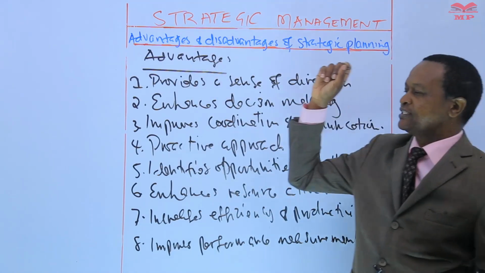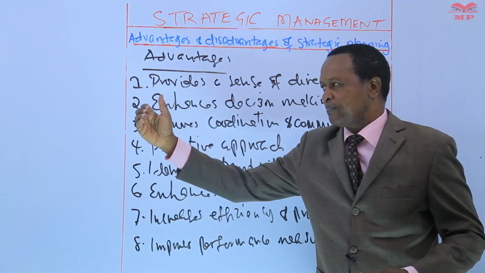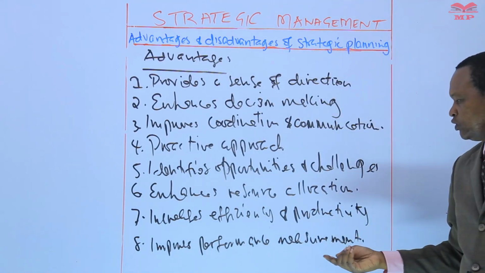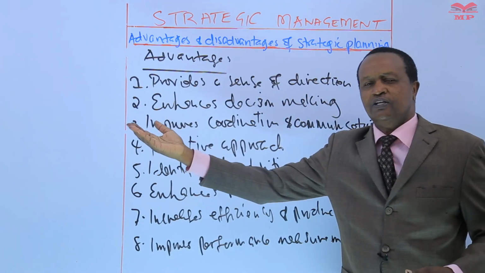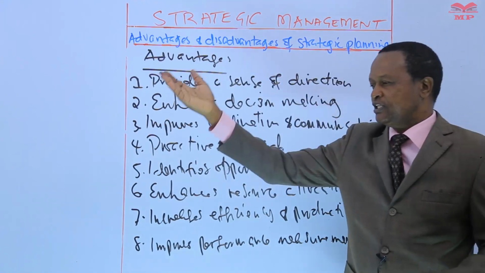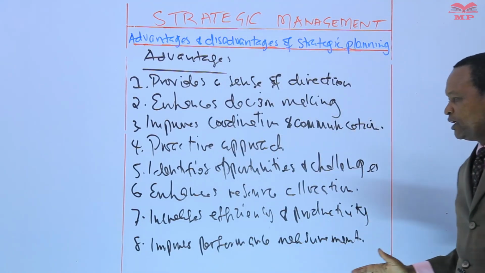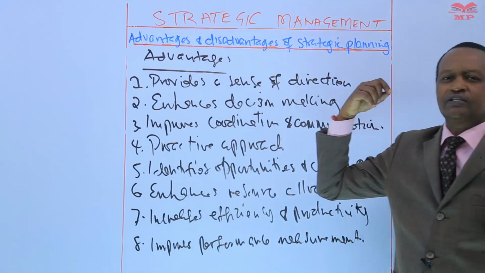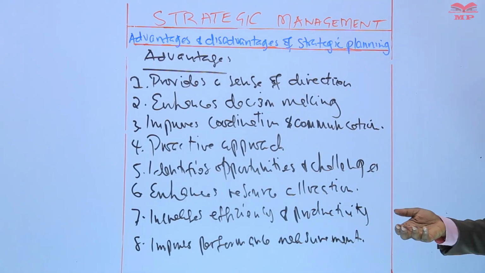So the target is set, then there is a course of action to achieve that target. Because of setting the target, it is now possible to measure performance, because that target may be achieved after 5 years, or it may be achieved after 10 years. So before the target is achieved, the organization is able to measure its performance to see if it is on track towards achieving the target. So that's the importance of strategic planning.